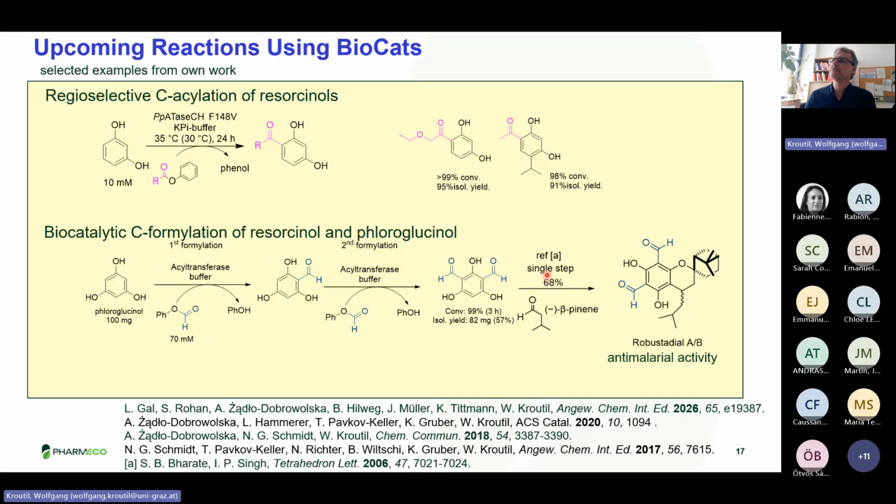The product can be transformed within one step to a molecule with antimalarial activity.